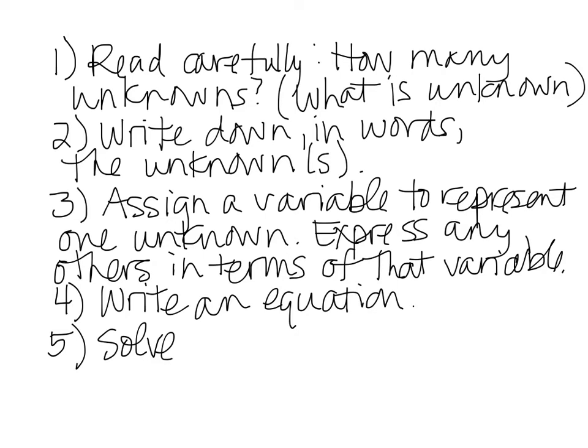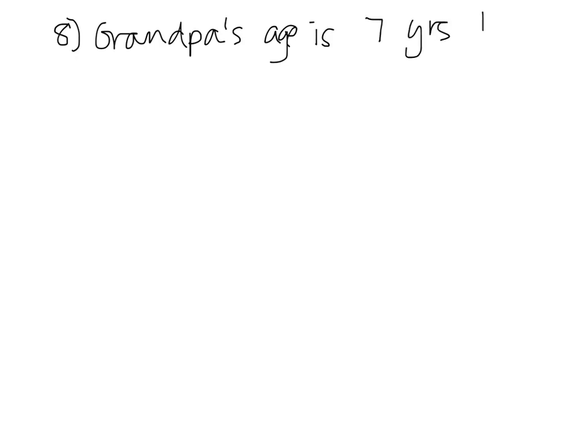Now you very well may want to be doing your homework word problems with this screen showing. Sheet DD40 about Grandpa. It's problem number 8. Grandpa's age is 7 years less than 6 times Junior's.